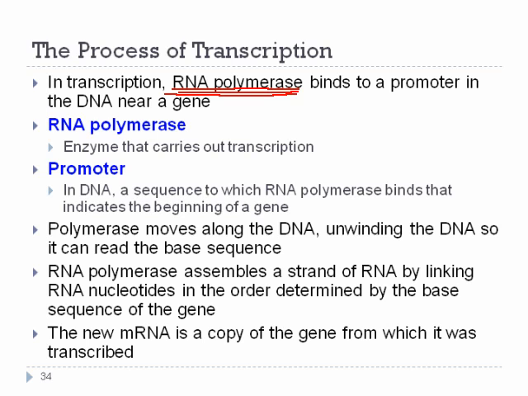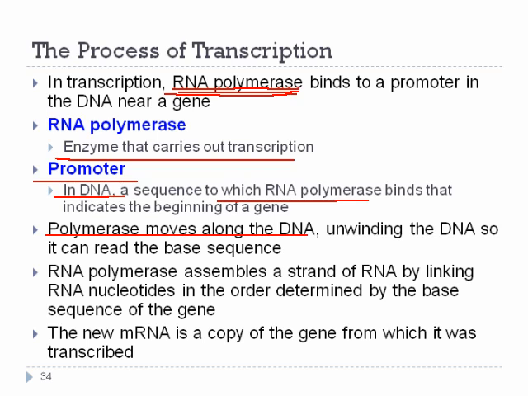The RNA polymerase binds at the beginning of the gene. It's the enzyme that carries out transcription. The sequence that it binds to is called the promoter. So the promoter is in the DNA, and it's the sequence where the RNA polymerase binds.